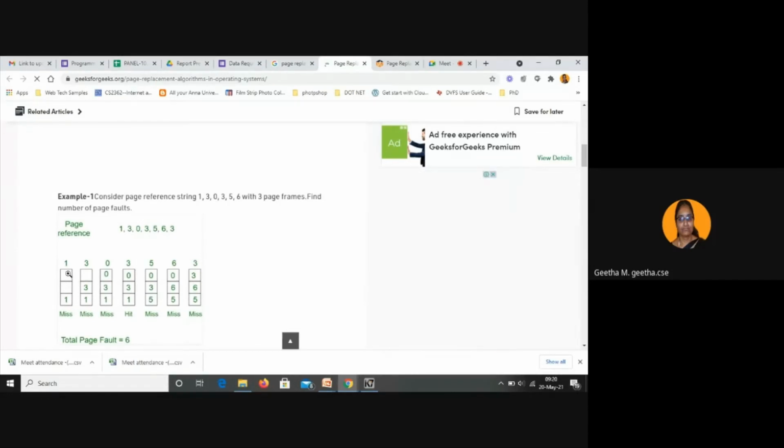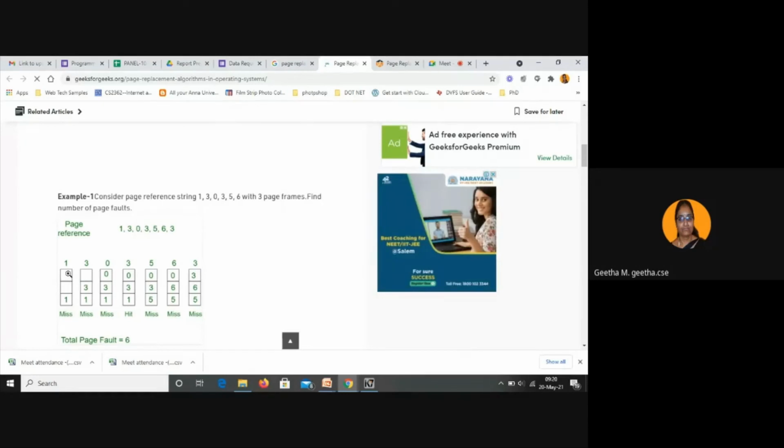So one is put first and occupies the first frame. For this first page, a page fault occurs.